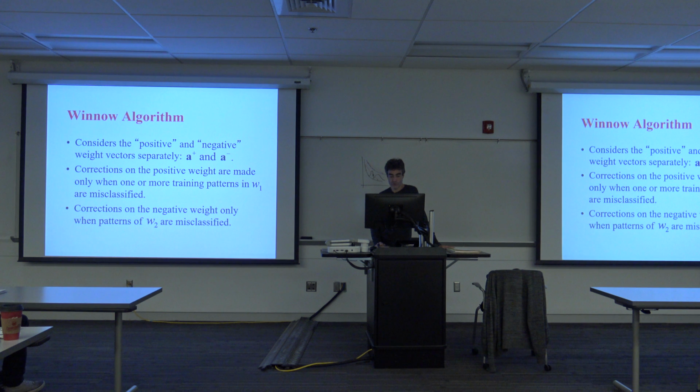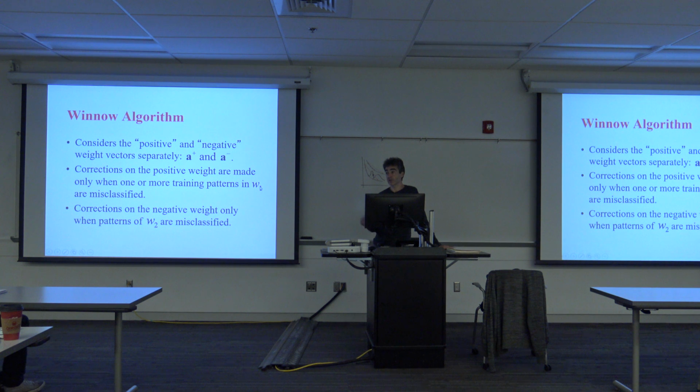So another way to do that, and we're going to get back to this in a second, okay? Another way to improve is by considering the positive and the negative weights of the vector A separately. Then corrections on the positive weights are made only when one or more training patterns or samples that should be in W1 are misclassified.